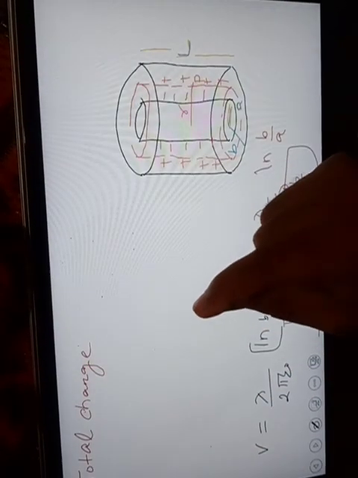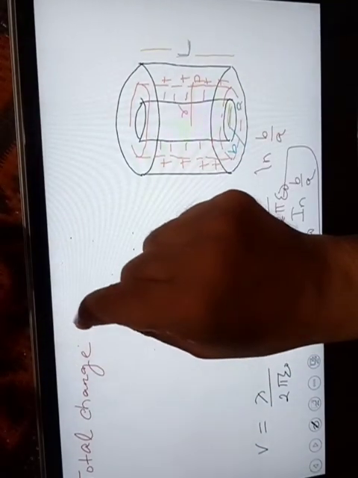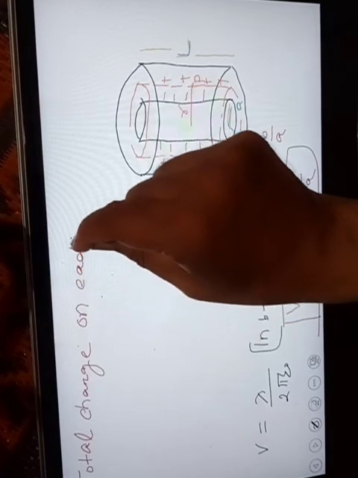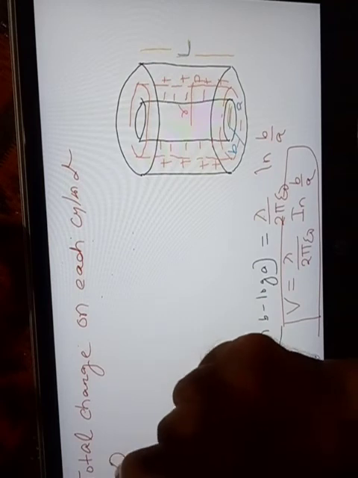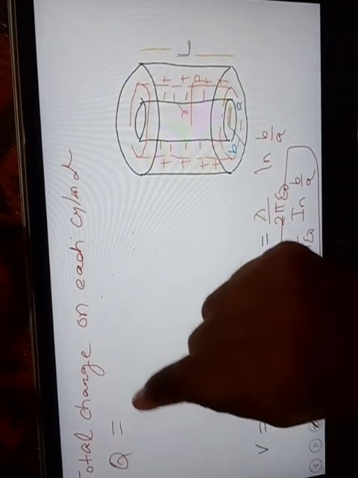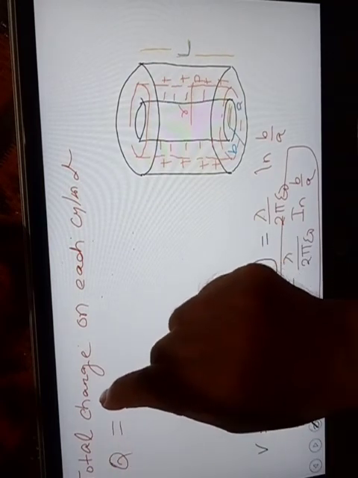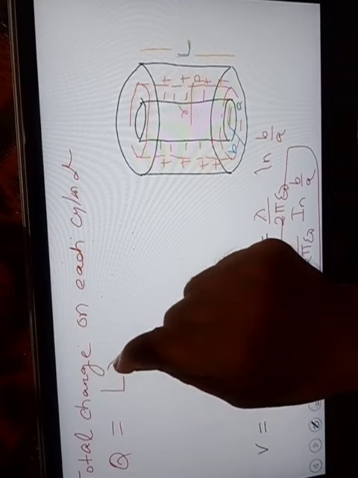The total charge on each cylinder Q is L into lambda.